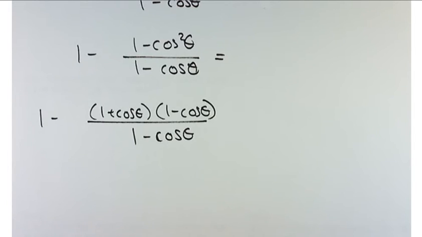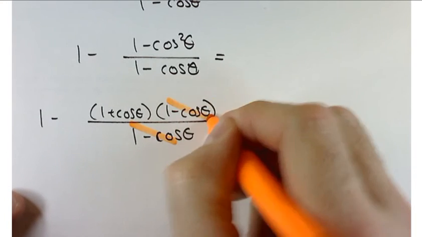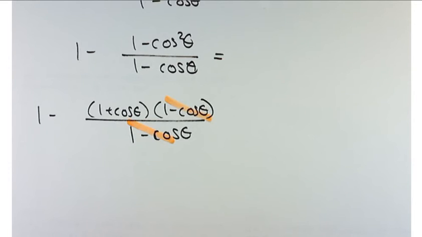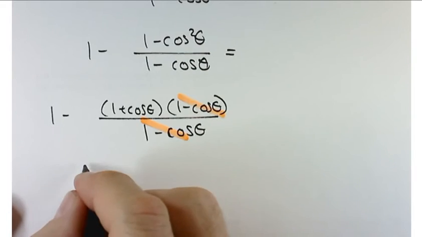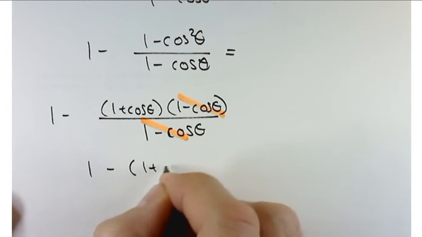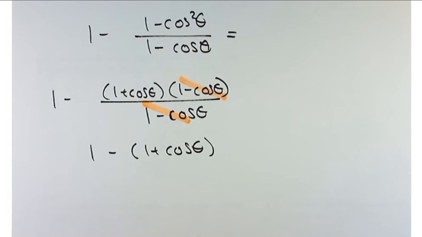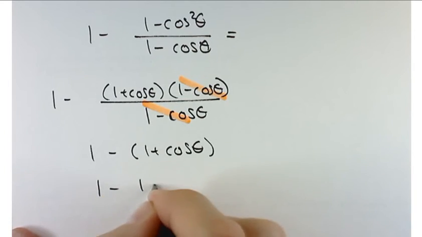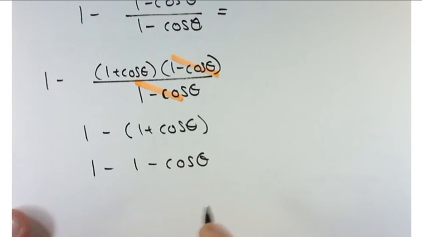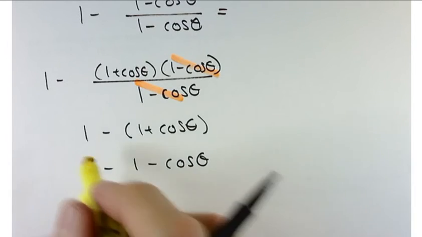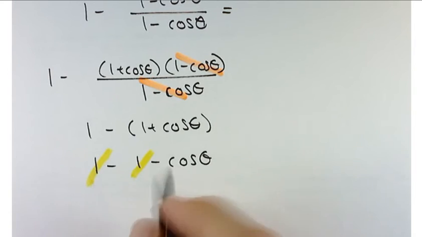This is a much different way to do this, isn't it? 1 minus cosine of theta cancels itself out. So I'm left with 1 minus (1 plus cosine of theta). Distribute the negative sign: 1 minus 1 minus cosine of theta. Minus cosine of theta.